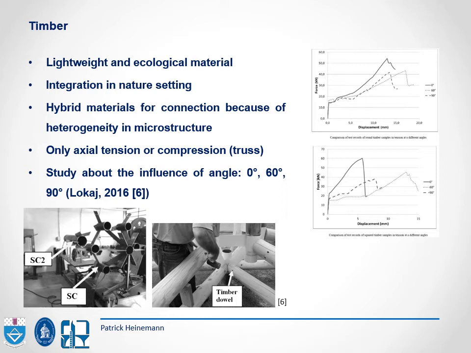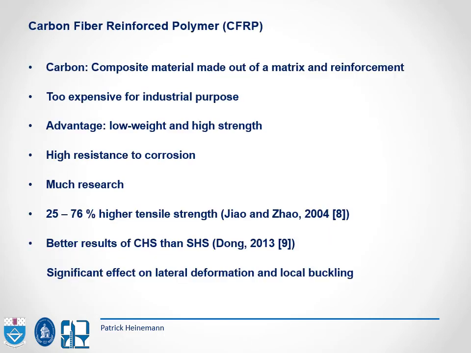Down here you can see the results for the squared timber shapes, and there the results are not really comparable. The next material is a carbon fiber reinforced polymer, or easy carbon.